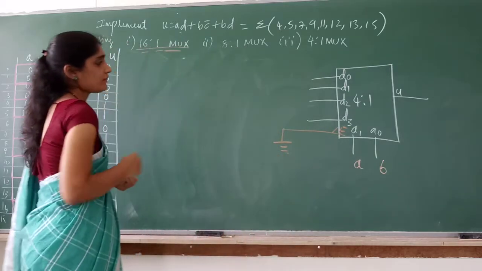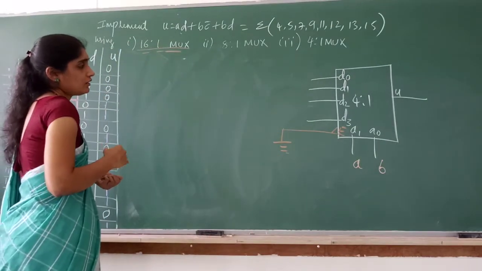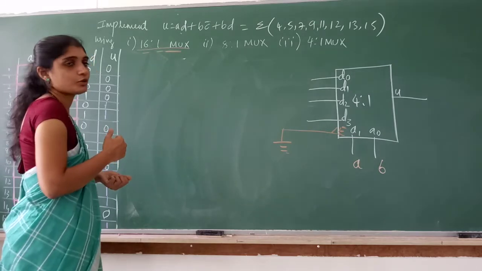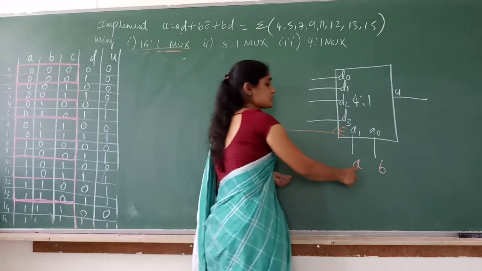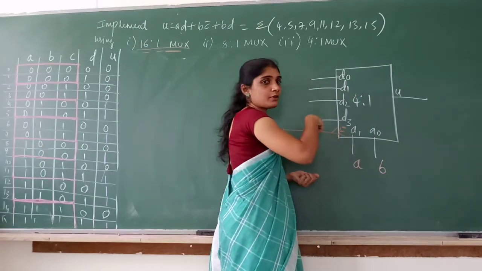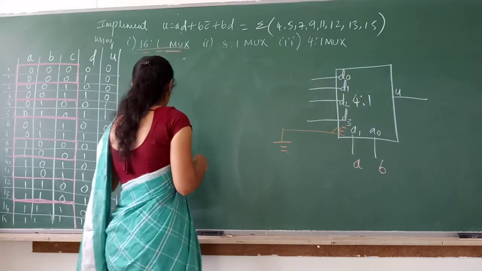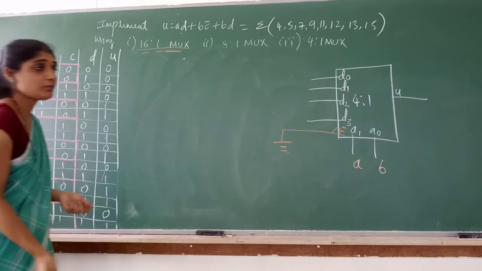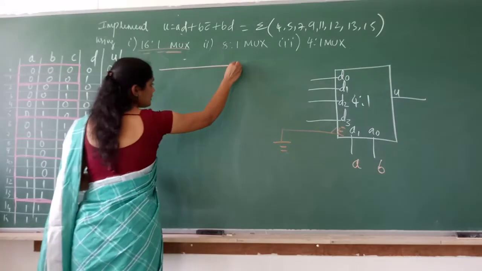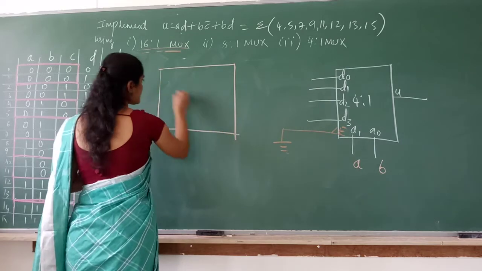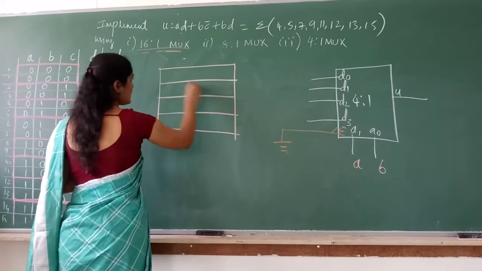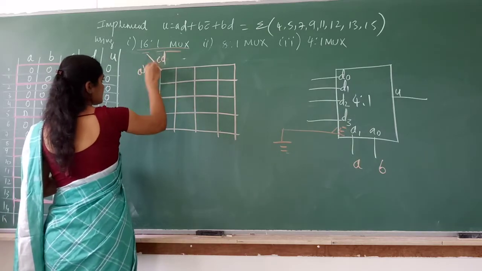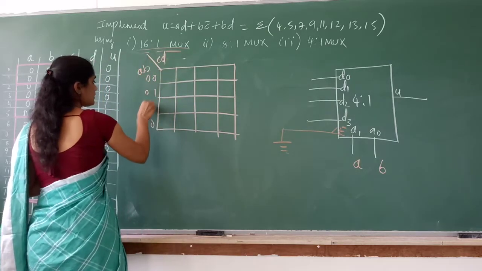Okay. So now the 4:1 mux IC is ready. What to connect to D0, D1, D2, D3? We have to take two variables at the input. AB is taken as select inputs, and the remaining two, C and D, are taken as input variables here. So for that, the truth table method you cannot use; we have to go for the K-map method. Let us write the K-map for the given function. The given function has 4 variables, so write a 4 variable K-map. This is AB and this is CD, 0 0, 0 1, 1 1, 1 0.